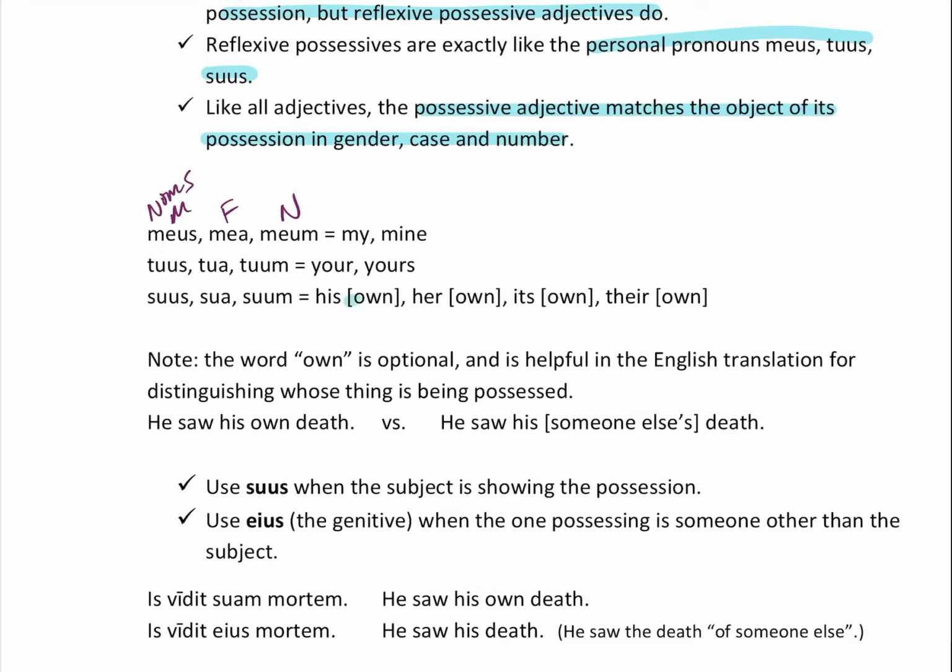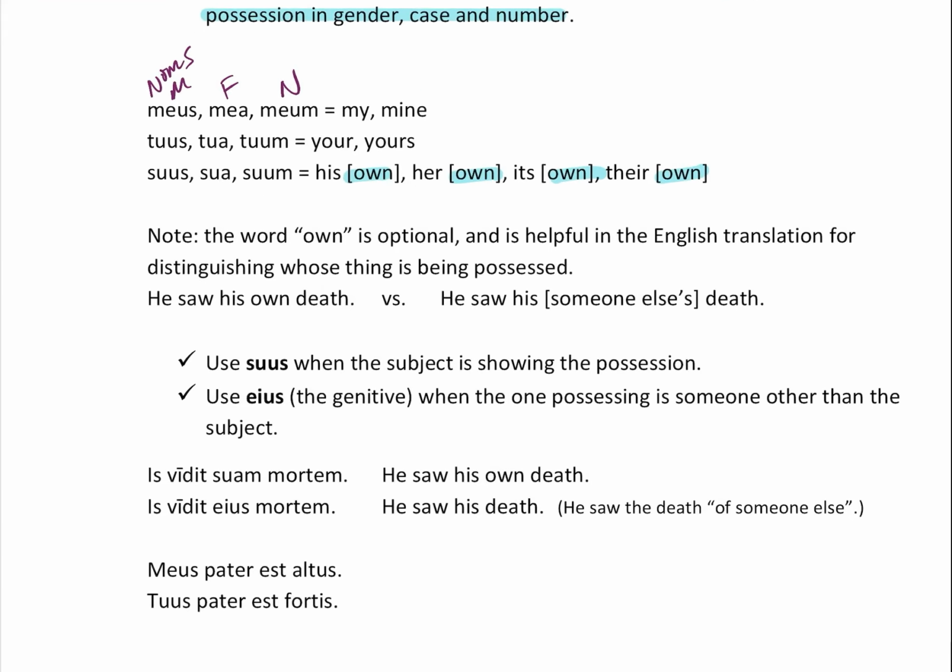Note that this word own is optional, but it's helpful in the English translation for distinguishing whose thing is being possessed. Did he see his own death? Or did he see his death, meaning someone else's death? Here's the trick. Use suus when the subject is showing the possession. Use eius, which is the genitive, when the one possessing is someone other than the subject.